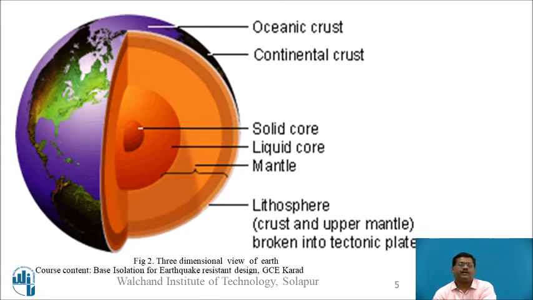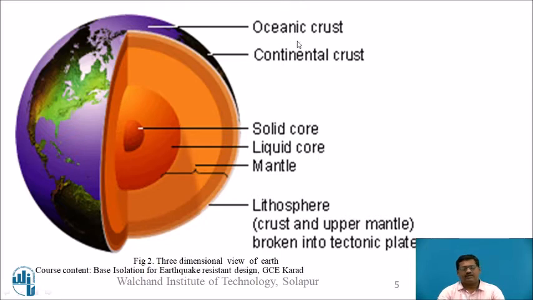Now this is a 3D view, three-dimensional view of Earth, and the section is taken here. So here you can observe the oceanic crust, the crust on which oceans are there. Second is continental crust. Here if you observe, North America, South Africa. So continental crust, oceanic crust.